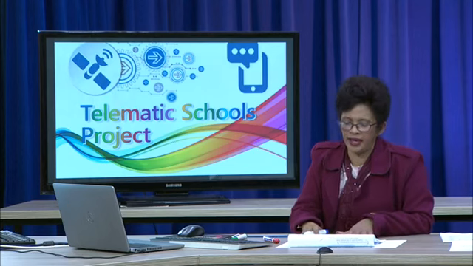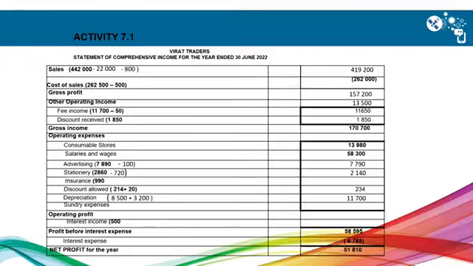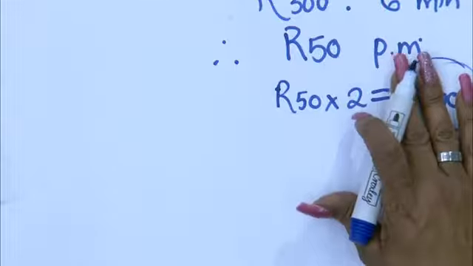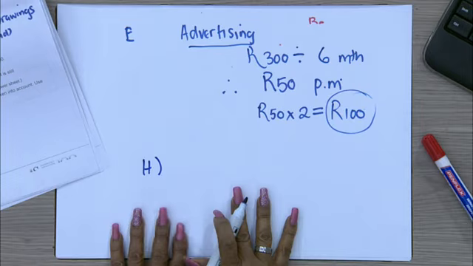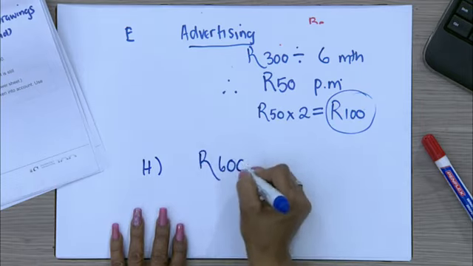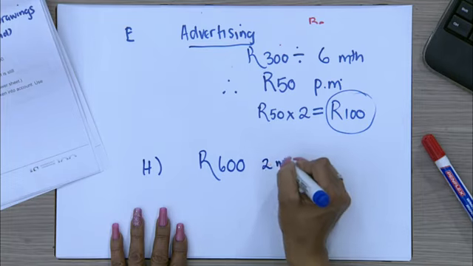So let's go and let's do that adjustment. If you can look clearly that we already have an amount for insurance of 990 written or filled out for us. What will be the next step now, grade 10s? Remember, it indicated to us that the amount, so we are busy now with H, an amount of 600 was for 2 months.